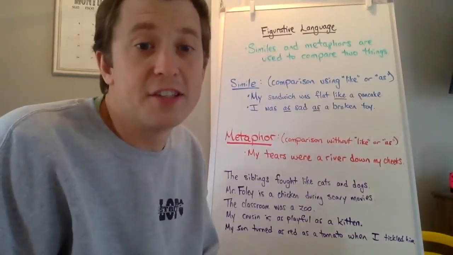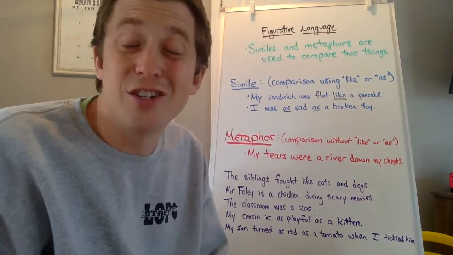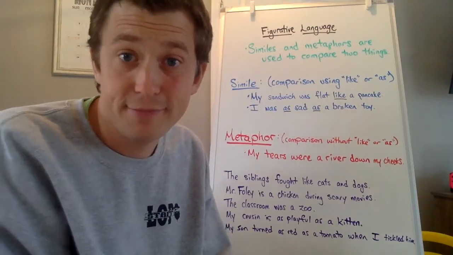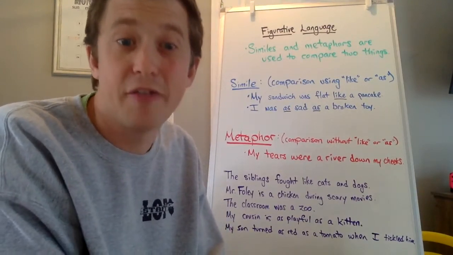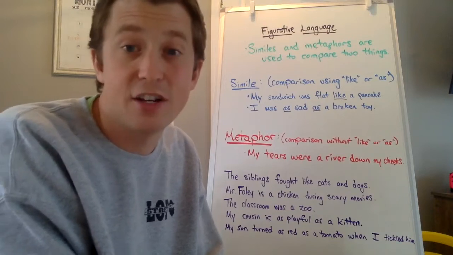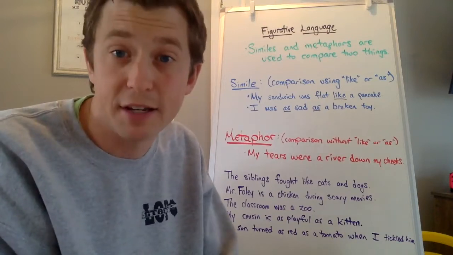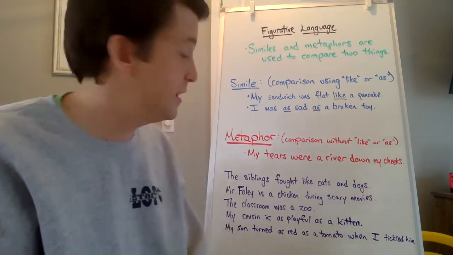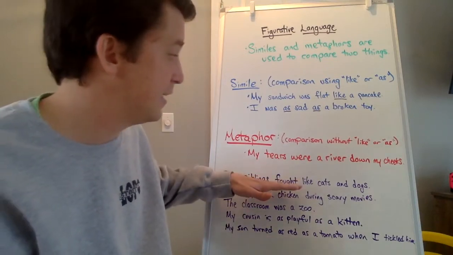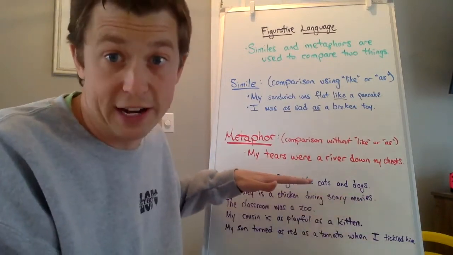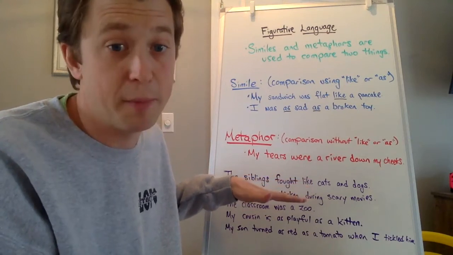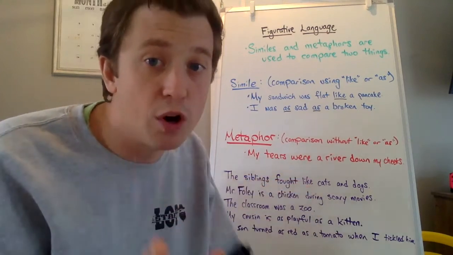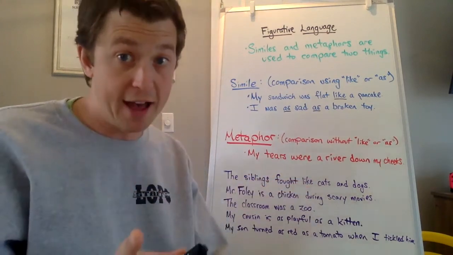The siblings fought like cats and dogs. So the siblings fought like cats and dogs. Is it a comparison? We're comparing the siblings fighting to cats and dogs fighting. Seems like a comparison. Do we have the word like or as?